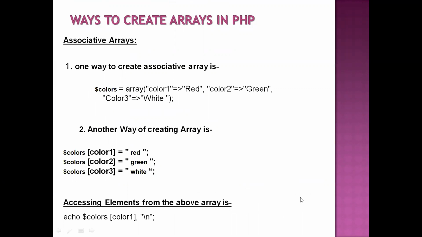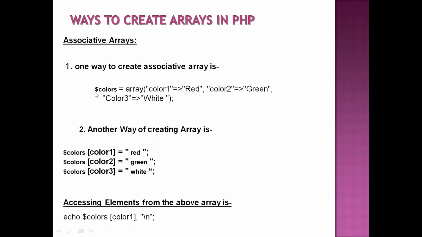As I just explained, in an associative array the data will be stored in the form of key value pairs, right? So here I am creating, this is one way of creating an associative array by using the array function. Another way is by directly assigning the value to the individual element, individual index.